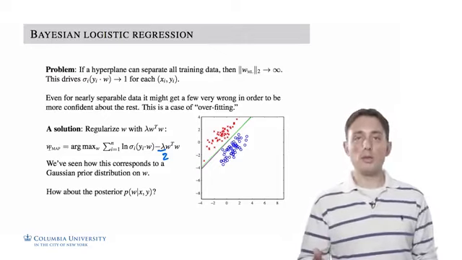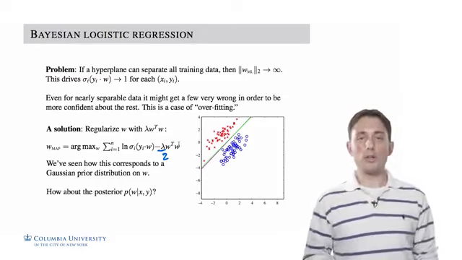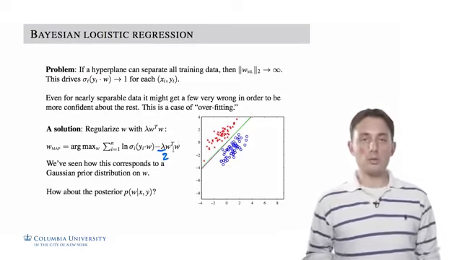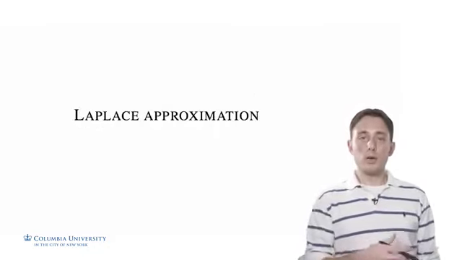Remember that we're doing maximum a posteriori because we now have this additional prior term regularizing magnitudes of the vector W. So there's a parallel with regression.